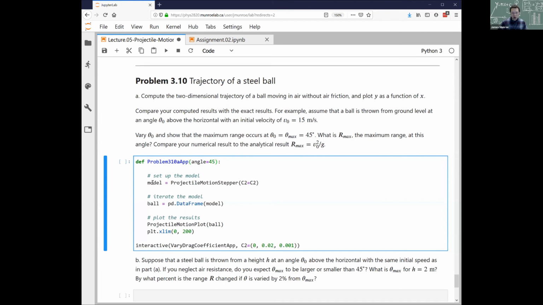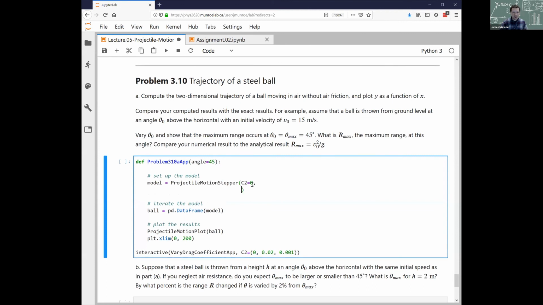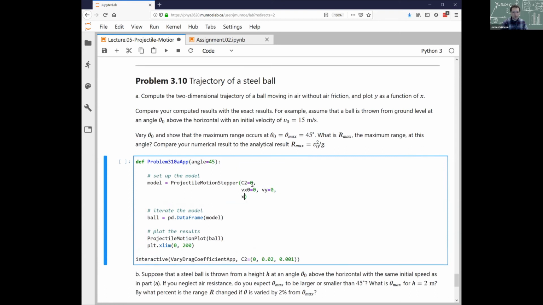What I need to do is I'm going to have to set up the model. I don't want any drag at all in our model. I want to have to specify an initial velocity and initial positions.